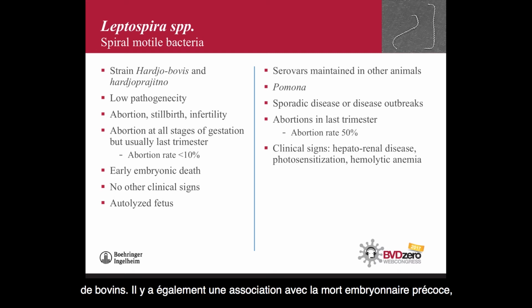If we consider the right half of the slide, though, we see a very different picture with species of lepto that don't, in essence, grow well or don't cause this endemic disease. They cause very significant disease when we consider these serovars that are maintained in other animals, such as Pomona, often found in pigs.